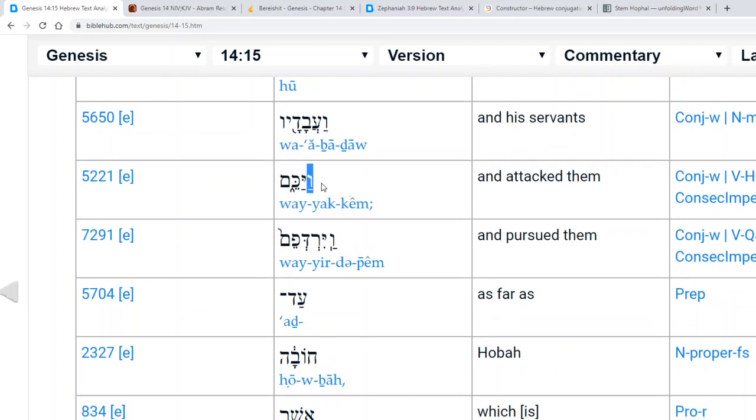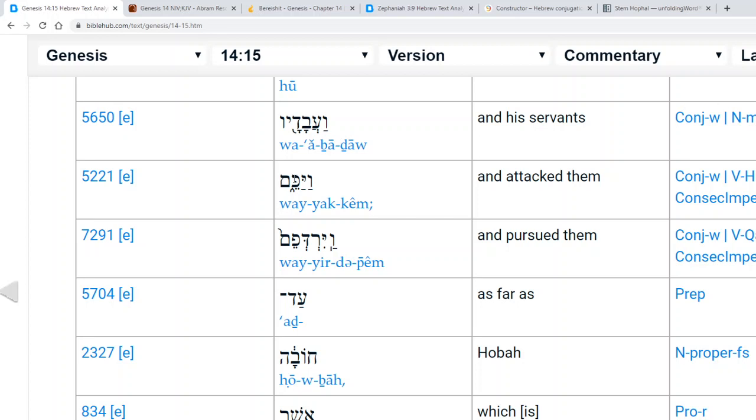Vayakem, so conjunctive vav. Yakem, again, we talked about smiting, like lehakot. Here, the mem there is actually telling you that he attacked them, right? We talked about lahakot.